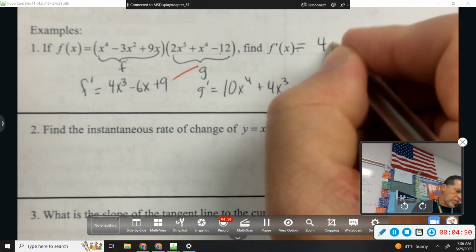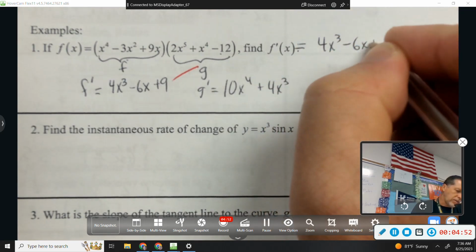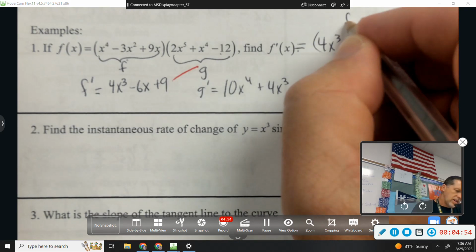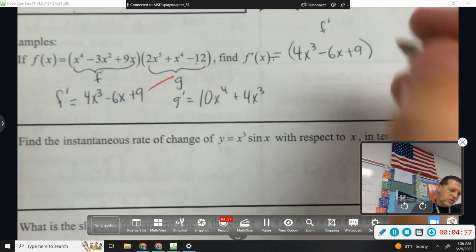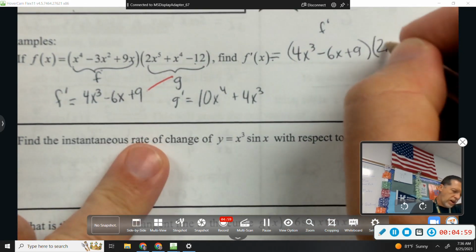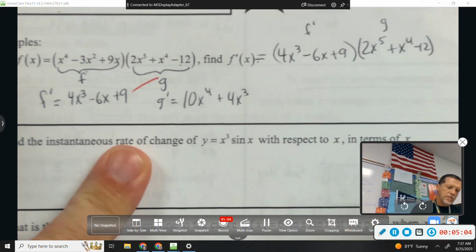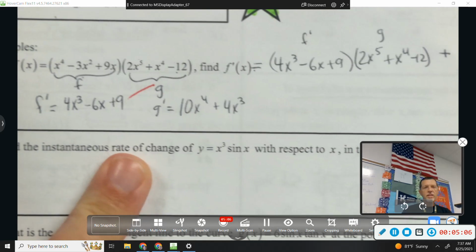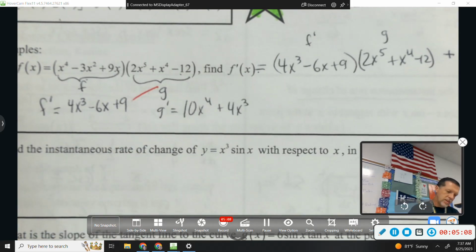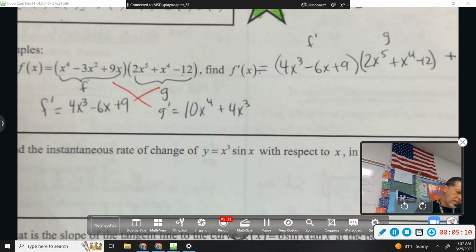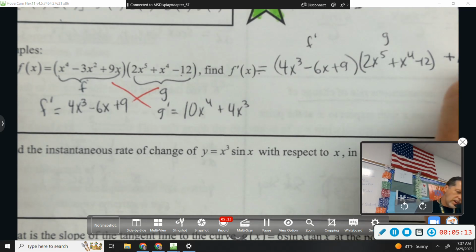So f prime is 4x cubed minus 6x plus 9, times g, 2x to the 5th plus x to the 4th minus 12, plus, the other way around, g prime times f, 10x to the 4th plus 4x cubed, times f, which is x to the 4th minus 3x squared plus 9x.